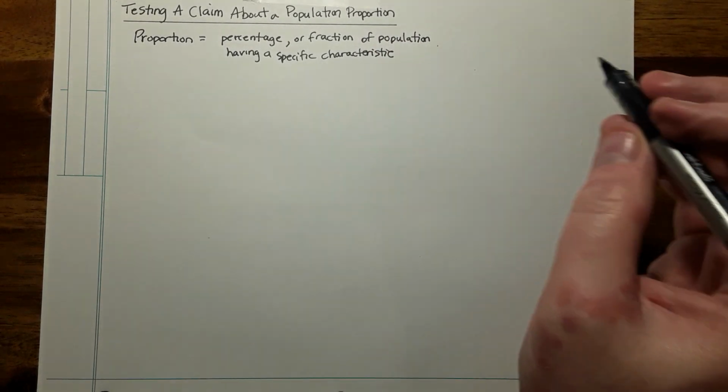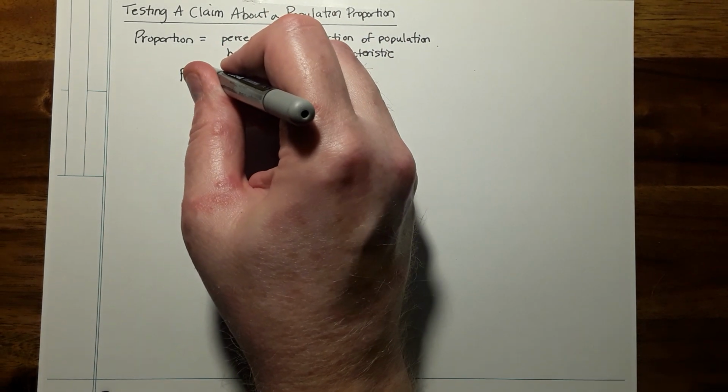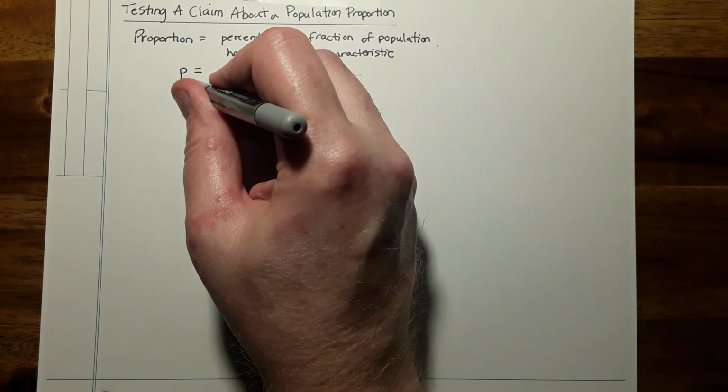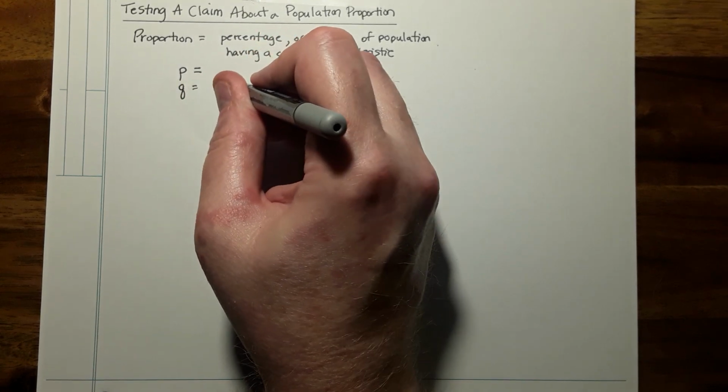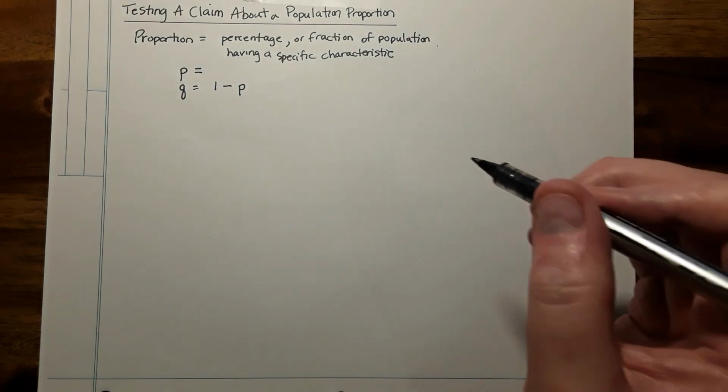And remember that the symbol for population proportion was P, and Q, of course, is the complement of that. So it's like a probability.